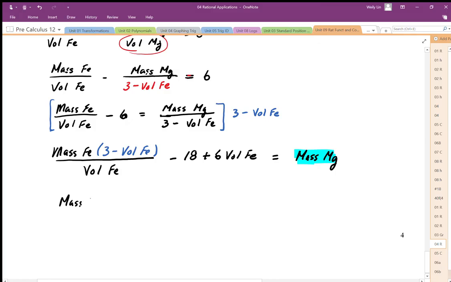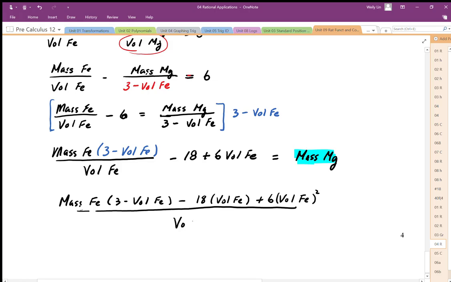So mass of iron times 3 minus the volume of iron, minus 18 times the volume of iron plus 6 times the volume of iron squared, and that's all over the volume of iron.